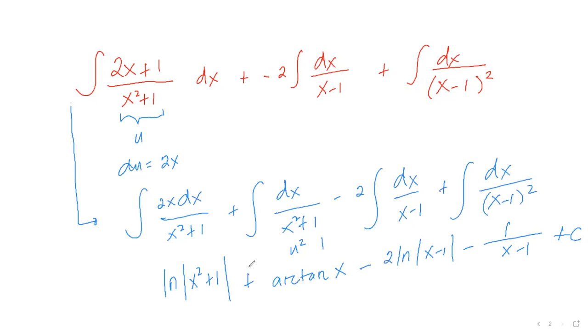Plus C. So this is the answer to our integral. The original integral that was shown in the slide. Ln of x squared plus 1 plus arctan of x minus 2 ln of x minus 1 minus 1 over x minus 1 plus c.